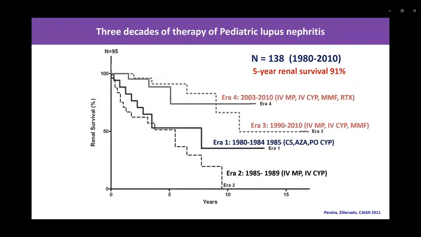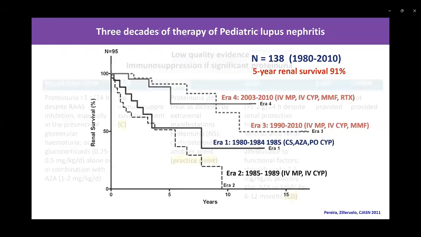The overall outcomes of pediatric lupus nephritis have improved over the last 3 decades because of the introduction of newer immunosuppressive agents. But pediatric trials are limited, and in adult trials, generally they would include patients with class 3, class 4 proliferative lupus nephritis.